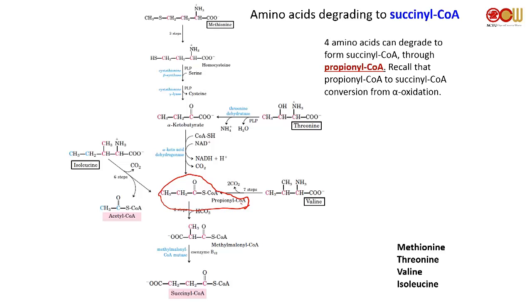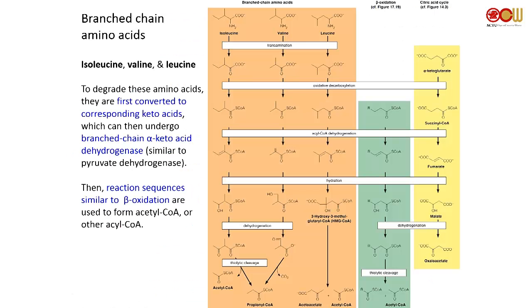Propionyl-CoA can go to succinyl-CoA through the same reactions that we talked about in alpha oxidation. Remember, you require vitamin B12 in the process. Do you remember? So here you got methionine, threonine, valine, isoleucine. Let's look at each one of them individually.